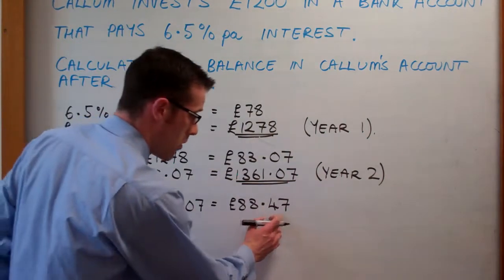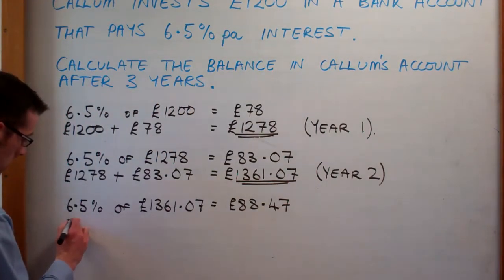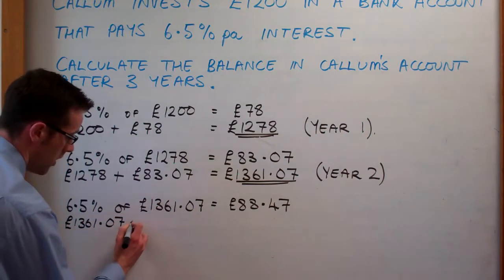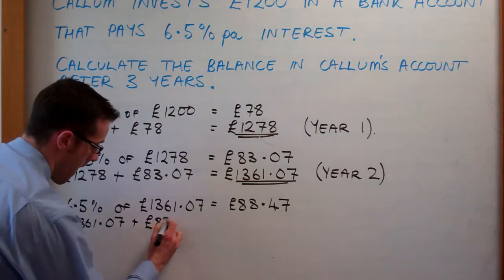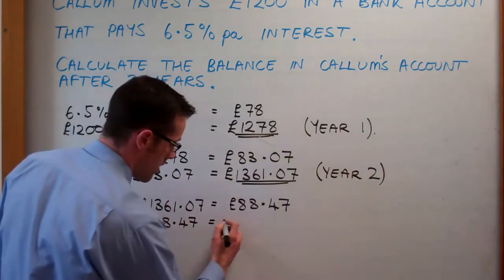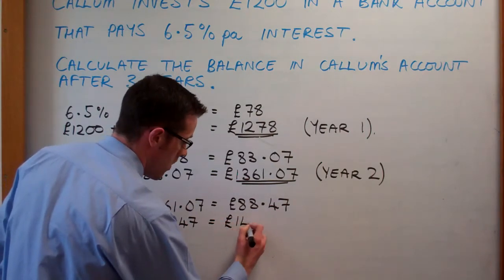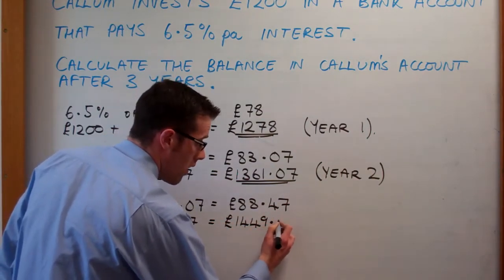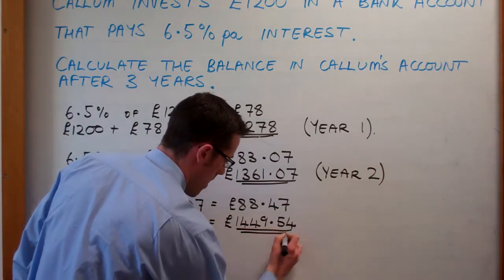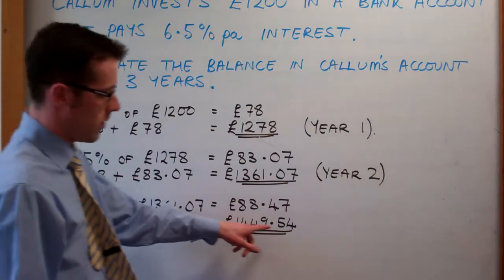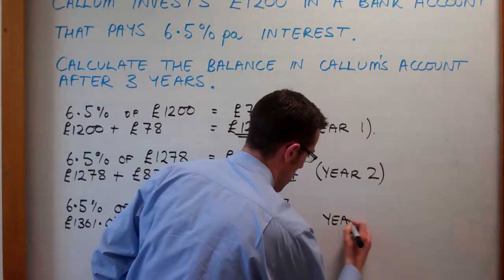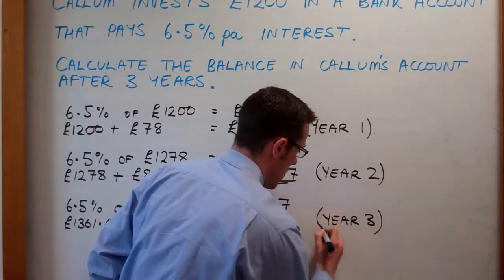So £88.47, and all we've got to do now is we add that on to our previous year's balance, giving us a final answer of £1,449.54, and that is at the end of year 3.